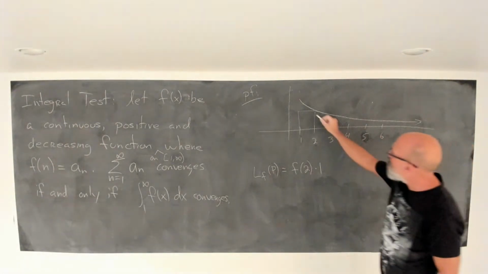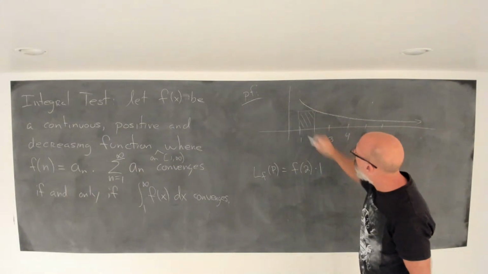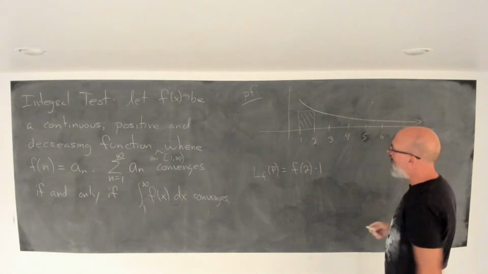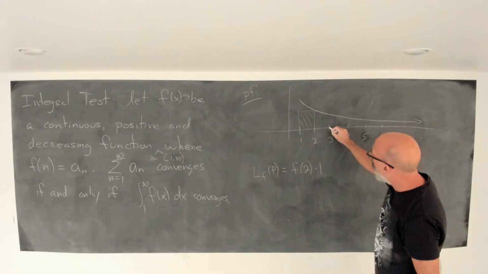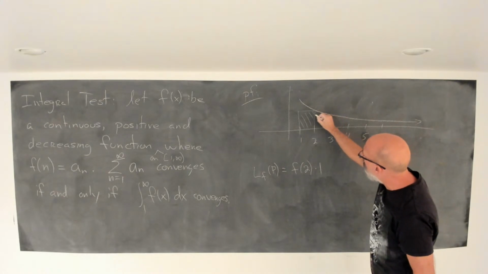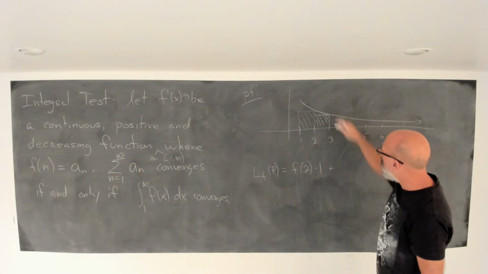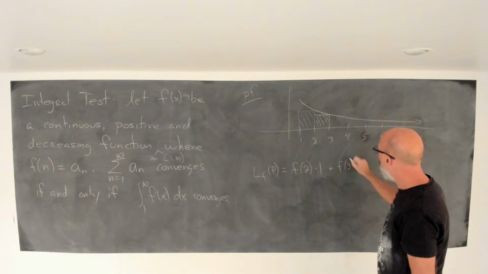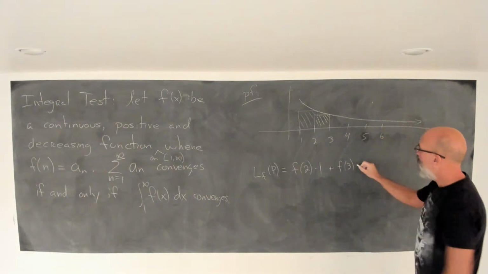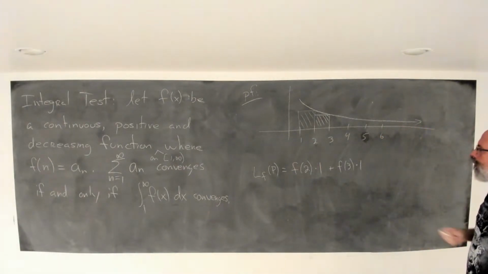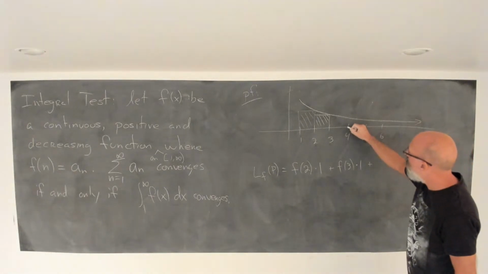That's the area of this first rectangle. Repeat on the next subinterval. The minimum is going to occur at 3 because your function is decreasing. So the area of this rectangle is the height, f of 3, times the width, which is again 1, and so on and so on.